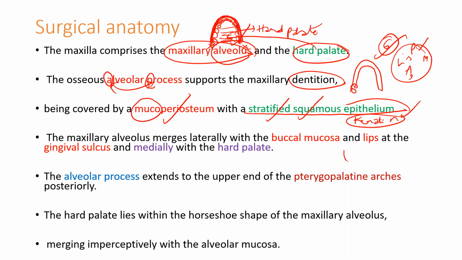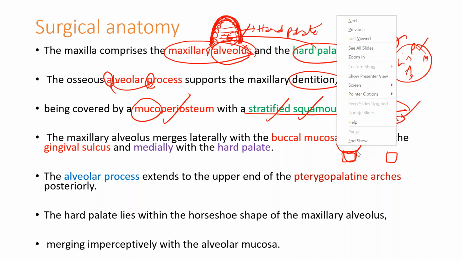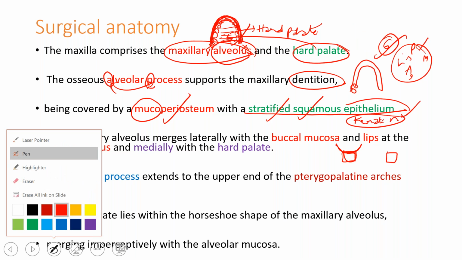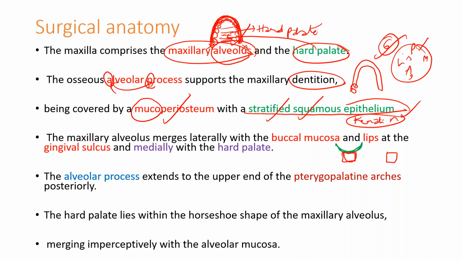In the forward view, these are the teeth from the front, and this is the alveolar process, to which the teeth are attached on this side and this side.